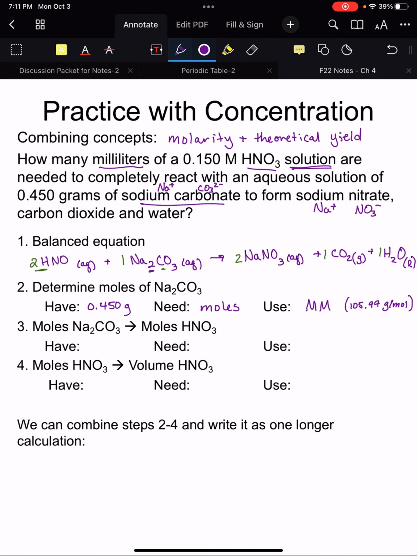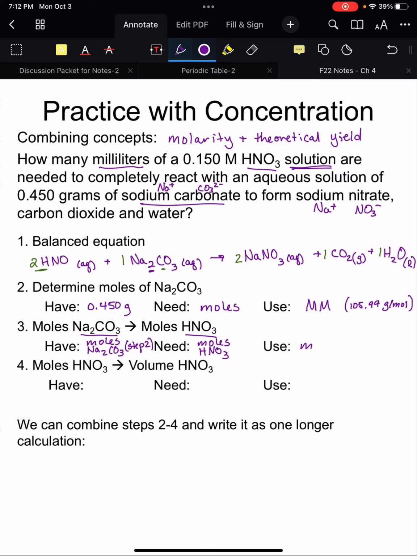Now, in order for us to go from the moles of sodium carbonate to moles of nitric acid, we know that we have to use the mole ratio from the balanced equation. So what do we have at this point? We have the moles of Na2CO3 from step 1 or step 2. What do we need? We need the moles of the HNO3.